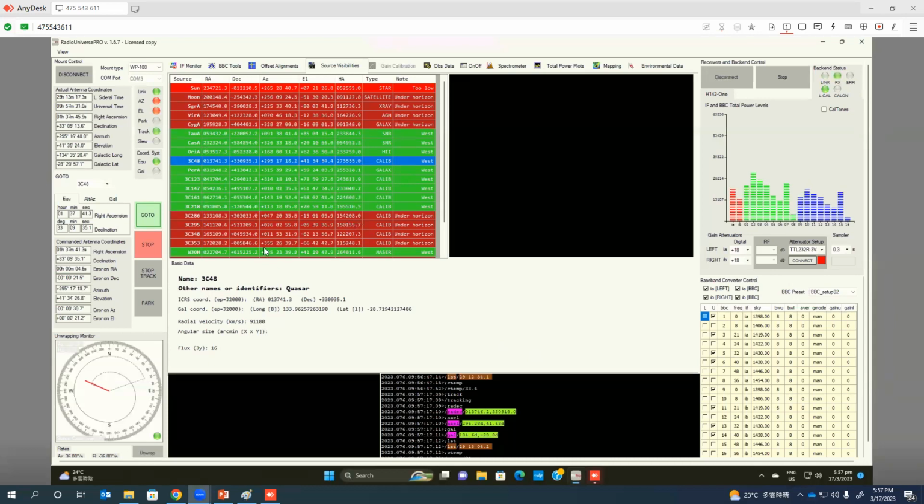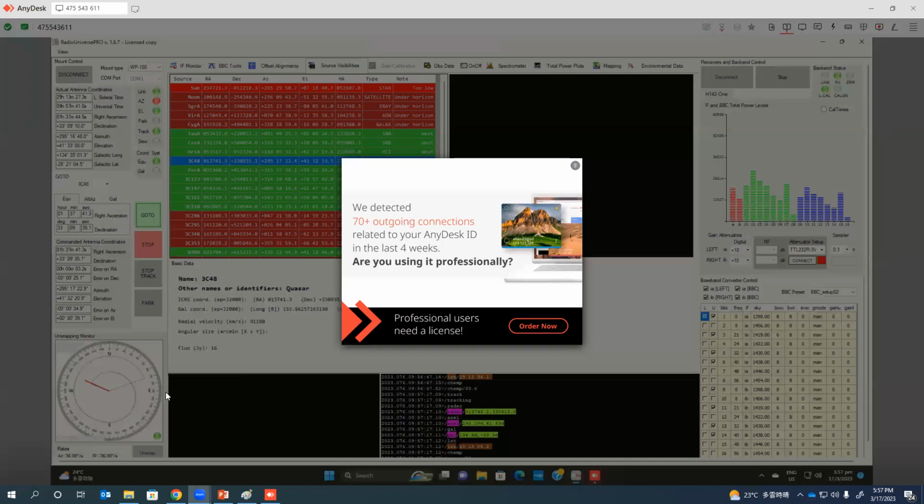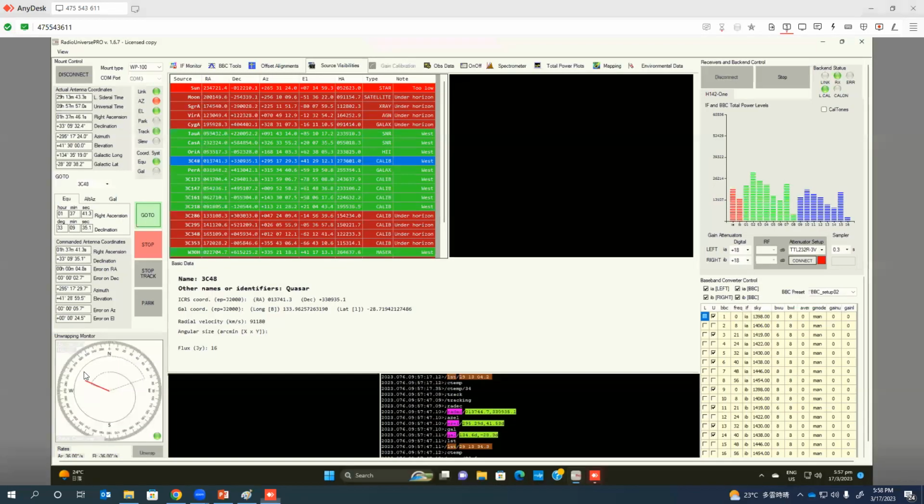Let me tell you one by one first. You can imagine we have three columns for this platform. On the left-hand side, corresponding to the position of the telescope, on the lower left-hand corner, we have a monitor of the location of my telescope, which is pointing to the north position.